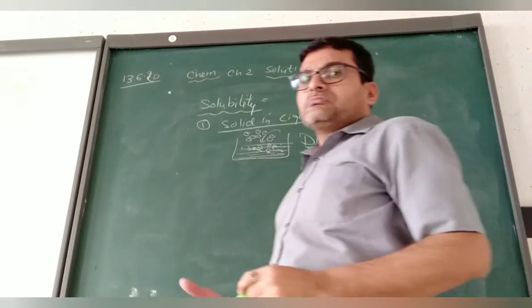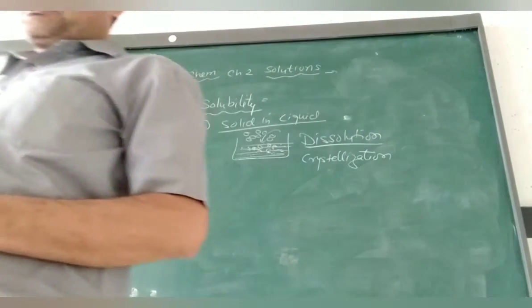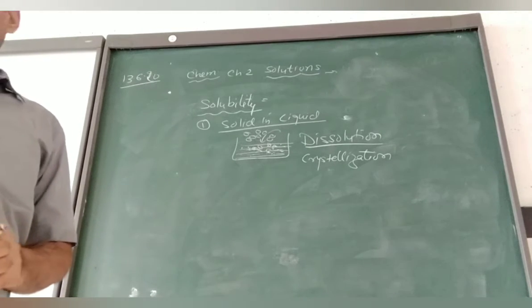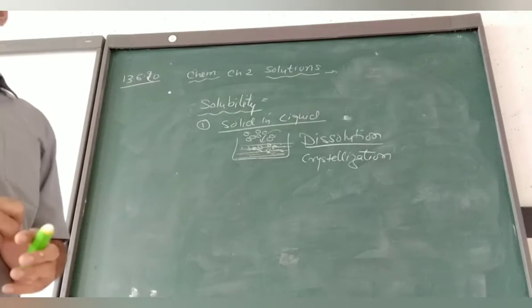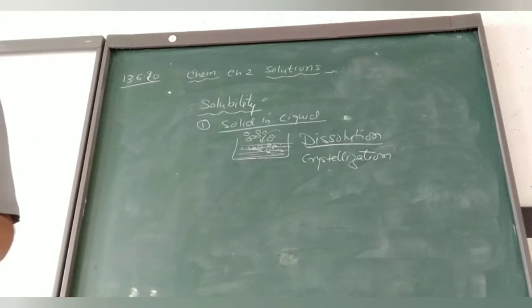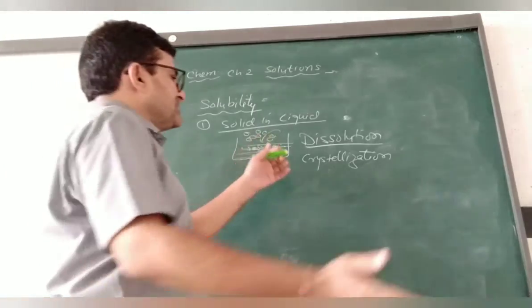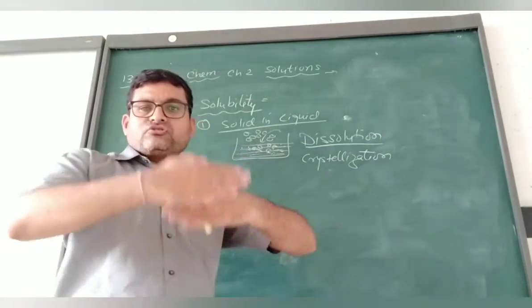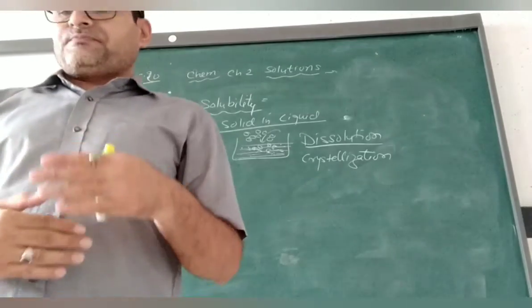So dissolution and crystallization, right? And then a stage is reached when the two processes occur at the same rate. Dissolution means dissolving, crystallization means coming out, so those processes are just opposite.